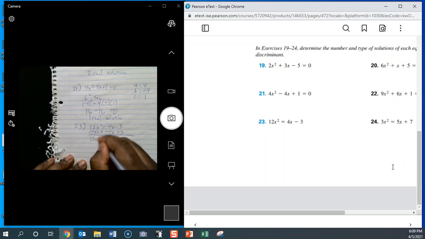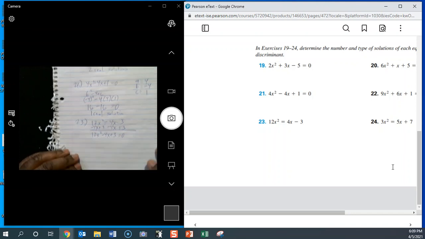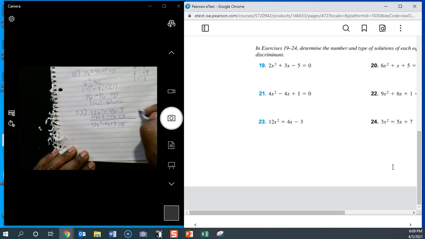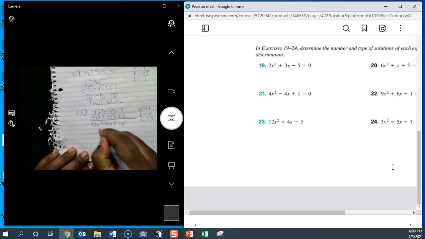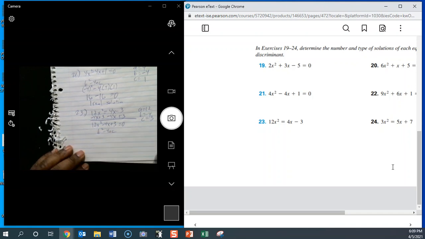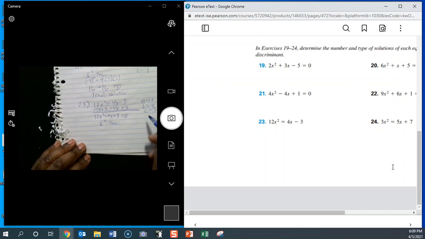So we have 12x squared minus 4x plus 3 equals 0. So A is 12, B is negative 4, and C is 3. So we have our B squared minus 4AC for our discriminant. So we have negative 4 squared minus 4 times 12 times 3.